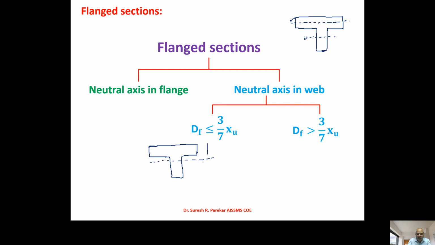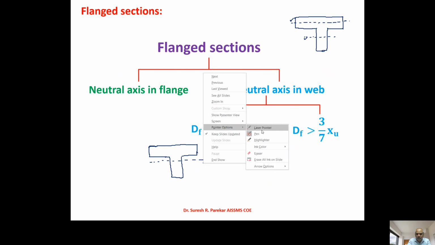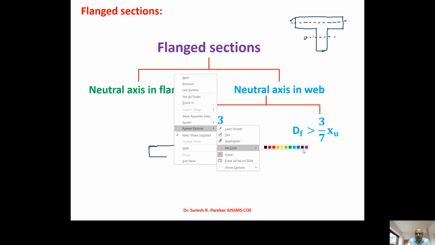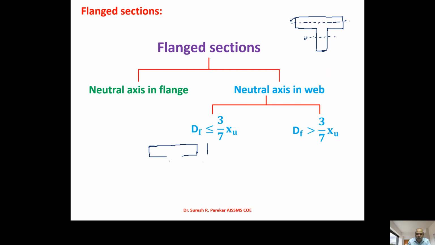So in this case, 3/7 of XU is greater than df. Now I will draw it again. Try to understand it because this is most important. This will be the larger one, and my neutral axis will be somewhere here. We have steel over here.